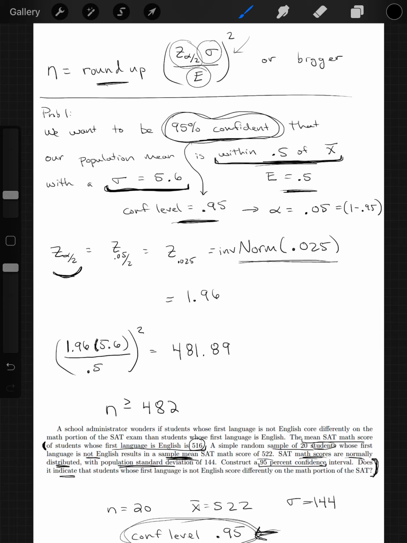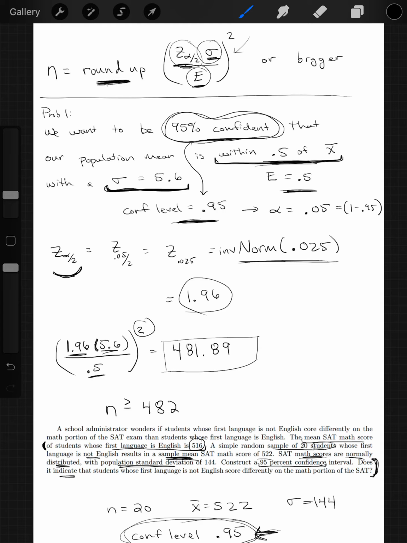And so we either plug it into our calculator or we look at our table, and I looked at the table and I got that number, right? So we plug in z alpha over 2, that guy right there. We plug in sigma, that guy right there. We plug in E, that guy right there. Then we square it. And I threw all that into my calculator and I got this number.